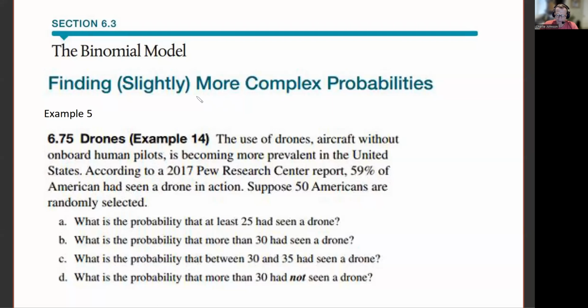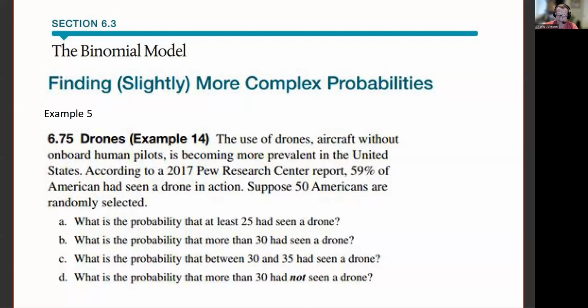Aircraft without onboard human pilots is becoming more prevalent in the United States. According to a 2017 Pew Research Center report, 59% of Americans had seen a drone in action. Suppose 50 Americans are randomly selected. We're going to be finding 4 different probabilities.